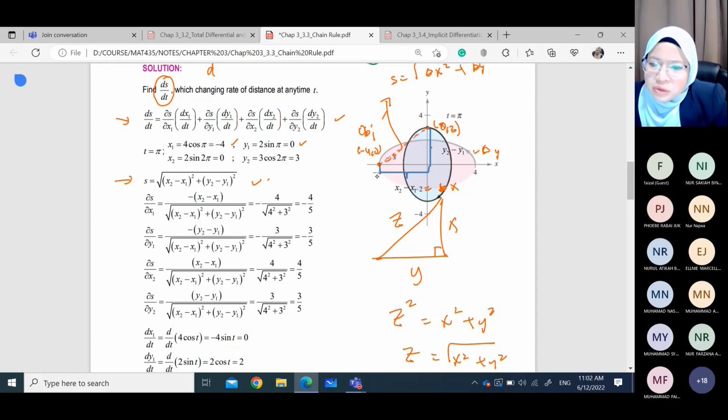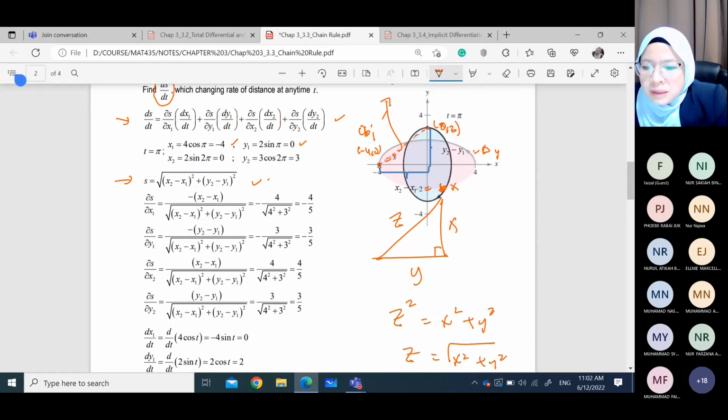Along X we have the change of X, which is X2 minus X1. There is a change between this point and this point, as it travels from this point to here. So there is a change in both X and Y. That is why we have this formula for distance: the square root of (X2 minus X1) to the power of 2 plus (Y2 minus Y1) to the power of 2.